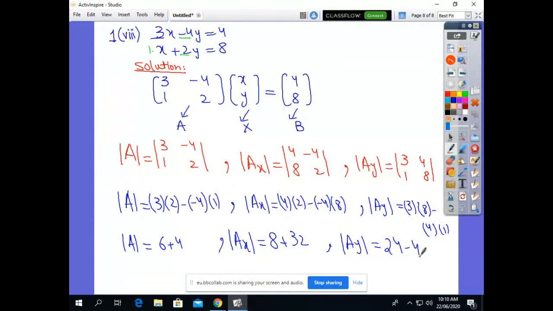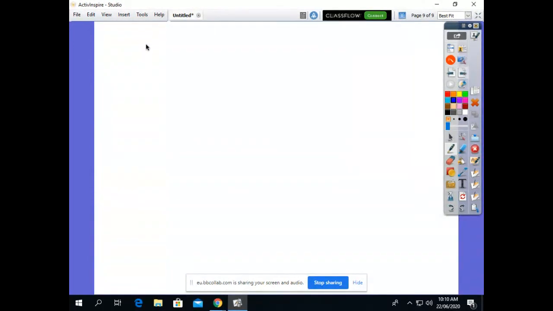After simplification, the determinant of matrix A is equal to 10, the determinant of matrix AX becomes 40, and the determinant of matrix AY becomes 20.